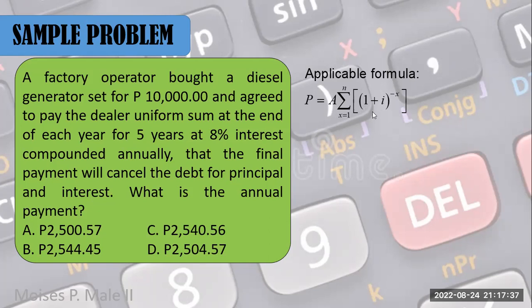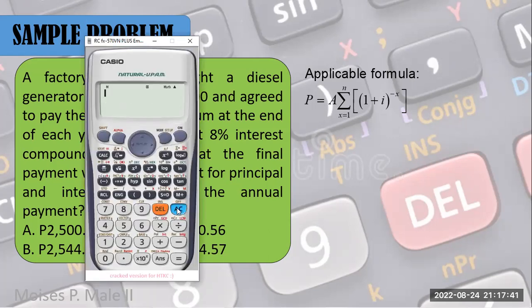Okay. So, using the calculator, you have 10,000 over the summation. Okay, so you have 1 plus I raised to negative x.